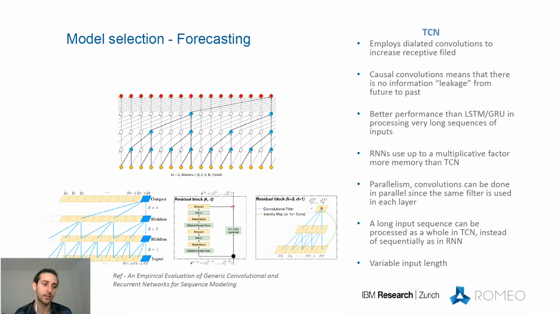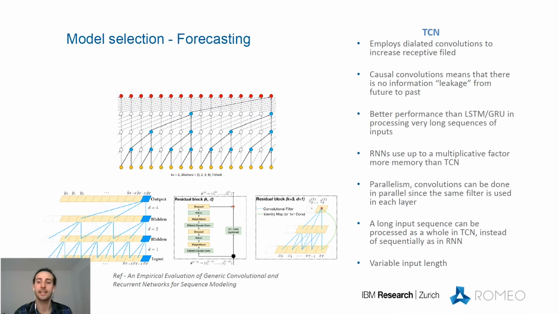So again, this is a deep learning method, more on the state-of-the-art approaches that we've got. Usually people think about recurrent neural networks as the go-to method when we go to deep learning for time series. However, TCN has proven to be better in performance and faster in recent years. This particular type of network is called the TCN, a temporal convolutional network.